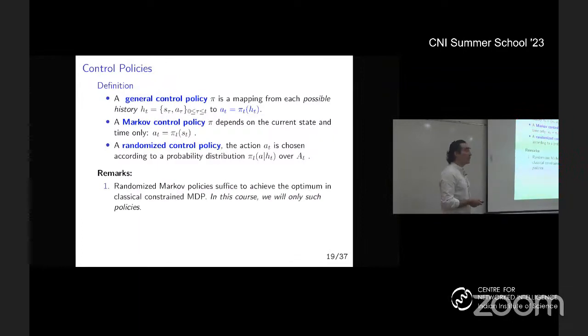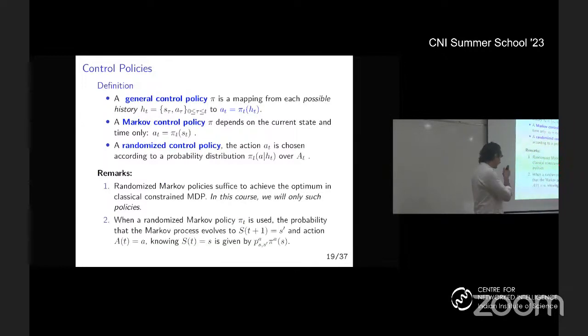But actually, in a lot of problems, it has been shown that it reaches the optimum, in a classical MDP and constrained MDP, as long as you add randomization to it. Okay. So in general, it's given H of t, but what we'll use is given S of t.